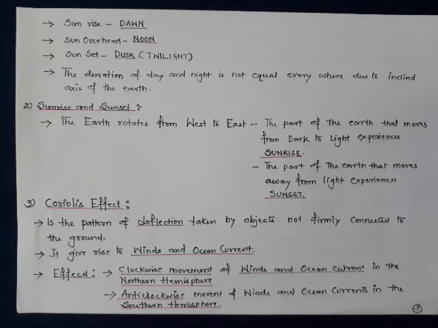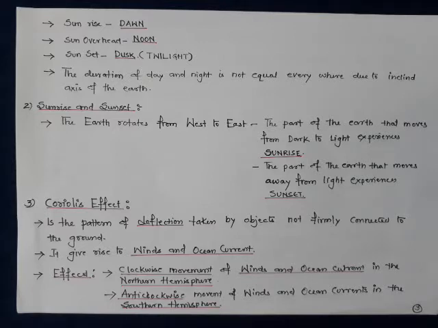When the earth moves from west to east, the direction of wind is from east to west, but because of the spherical shape and the greater circumferential area of the equator, the air masses get deflected towards the right in the northern hemisphere and to the left in the southern hemisphere.